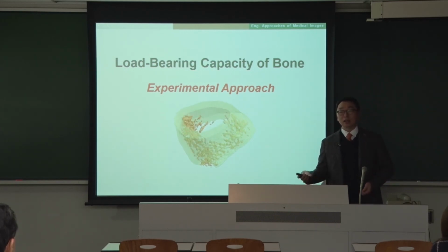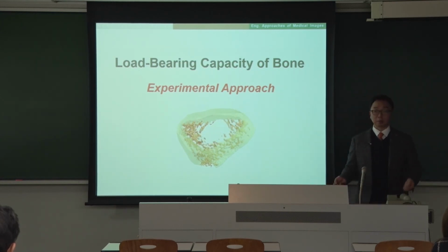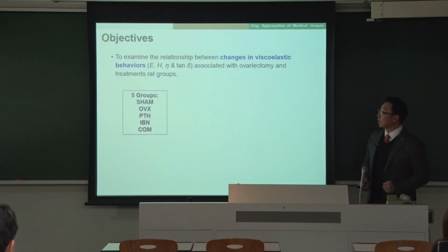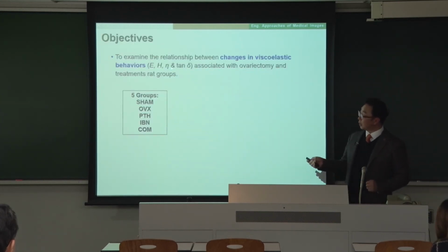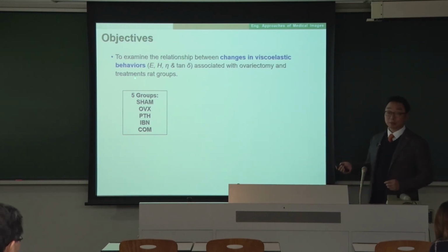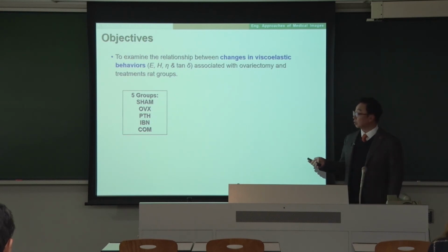Do we have any evidence to support our hypothesis that bone mineral density alone is not enough? That's our hypothesis. The objective is to examine the relationship between changes in the viscoelastic properties, which are modulus, hardness, viscosity eta, and tangent delta, associated with the ovariectomized and the treated rat groups.